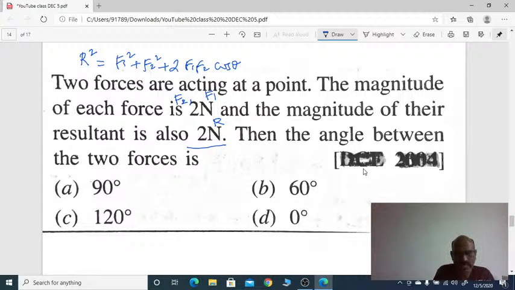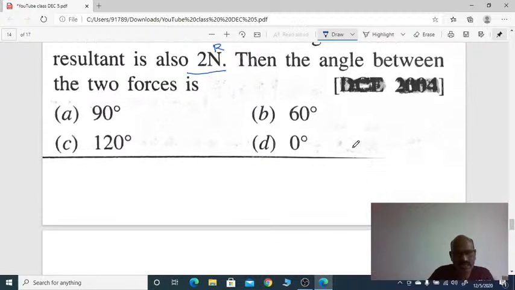So here the resultant is given, R square is 2 square. Equals F1 square, which is 2 square, plus F2 square, plus 2 into F1 into F2 cos theta.